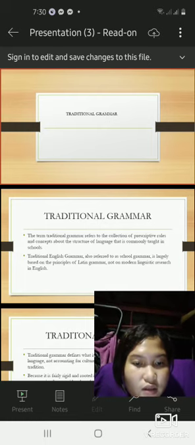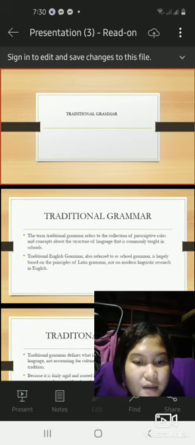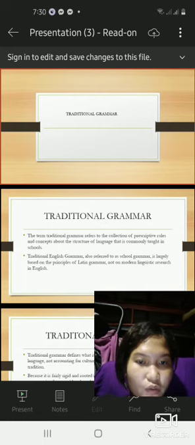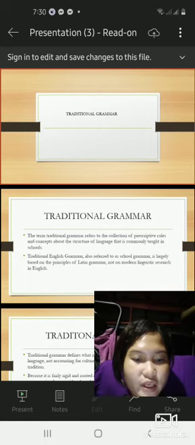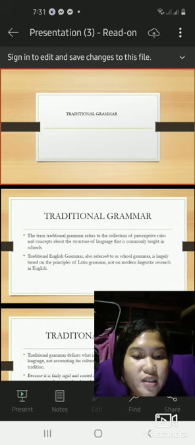People just choose what forms they should use and what is their way of writing it. So that's the descriptive grammar. It does not follow the prescriptive. So prescriptive and traditional is almost the same because it is a more proper, formal type of writing, and it follows and obeys the rules.